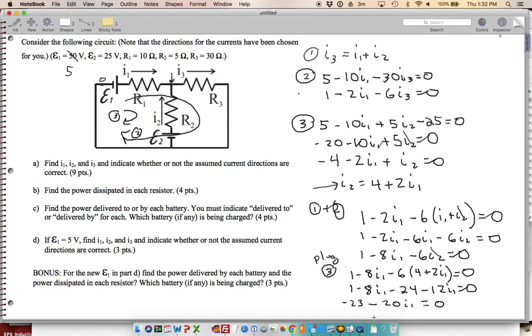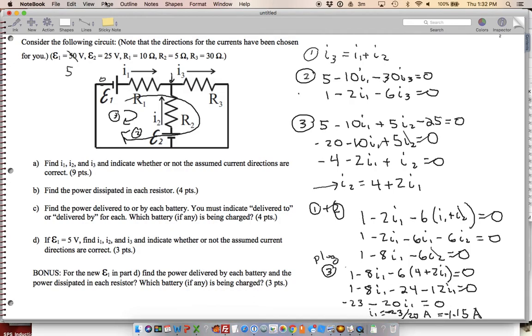And so solving for this, I1 is equal to 23 over 20 amps, which is equal to 1.15. And by the way, I'm forgetting the negative sign, so I'll fix that in a second. This is a negative. Right, so there's our first number.